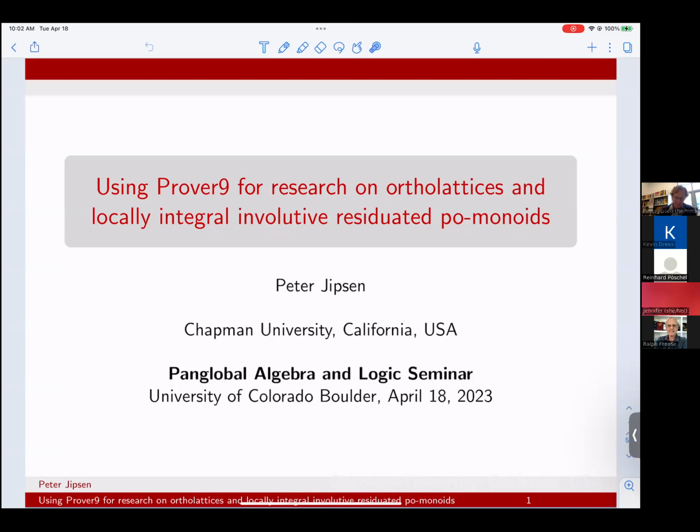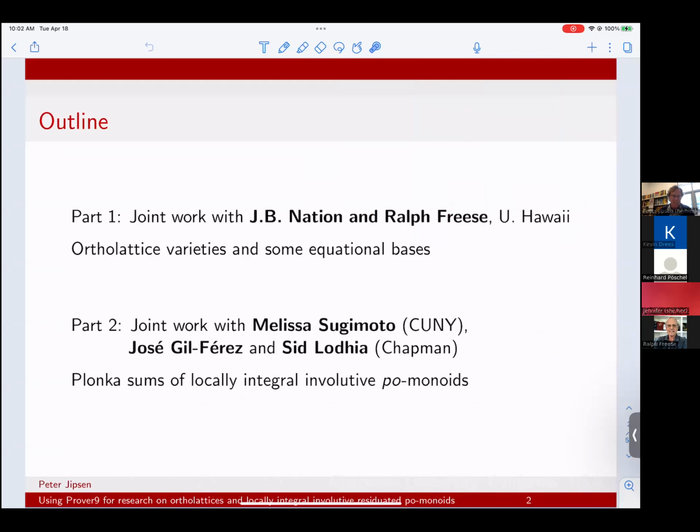So the outline is that part one is joint work with JB Nation and Ralph Rees at University of Hawaii when I was on sabbatical last spring, which was fantastic, of course. And then part two is joint work with Melissa Sugimoto, who was an undergraduate here at Chapman when this started.